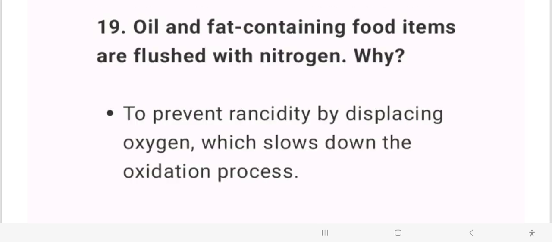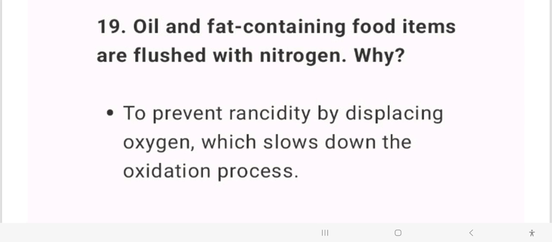So next question, oil and fat containing food items are flushed with nitrogen. Why? Hope you remember the answer for this one. If you don't do that, the material will react with the oxygen present in the atmosphere, and the odor will change, the smell is also changed, the freshness won't be there in the food items.